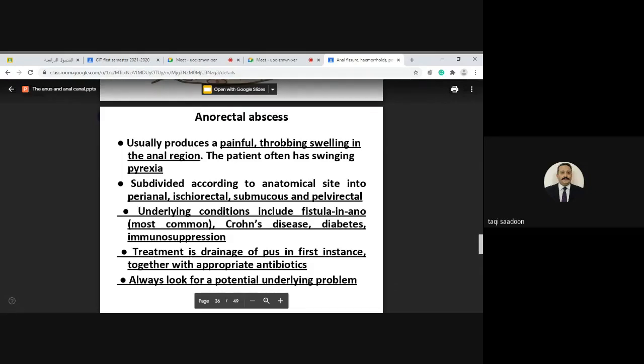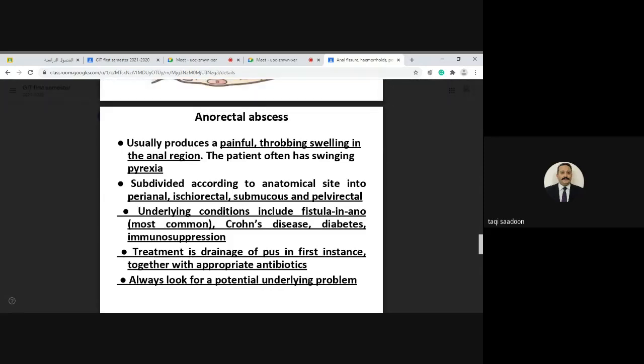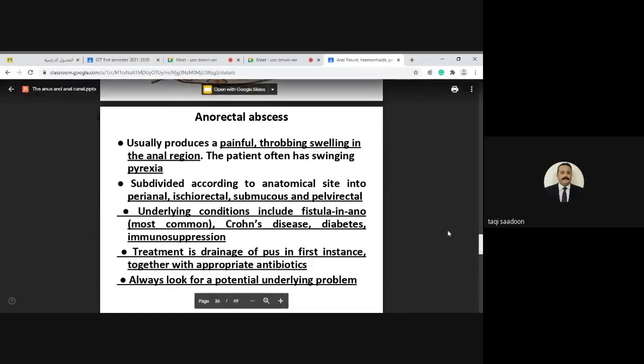As for the submucous abscess, students, when you examine the patient you find everything looks normal. But once you introduce your finger, you will palpate the submucous collection, which is very tender. Also, there may be underlying pathology.